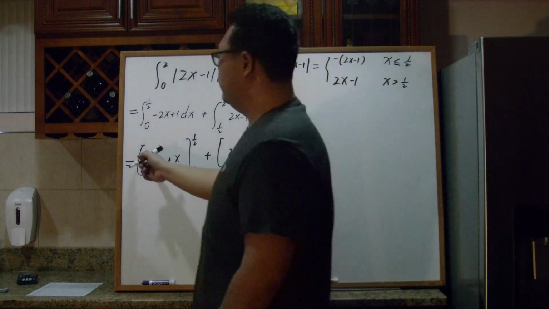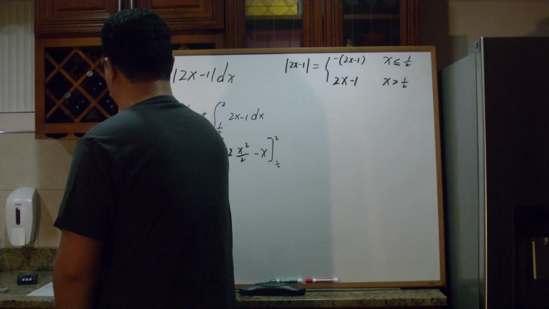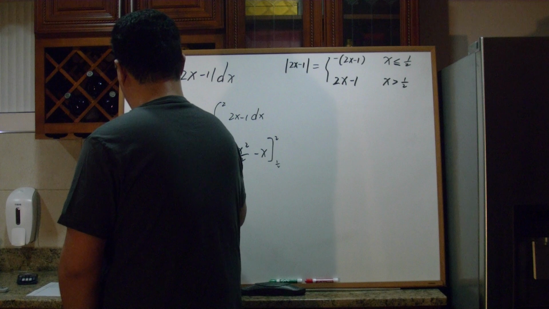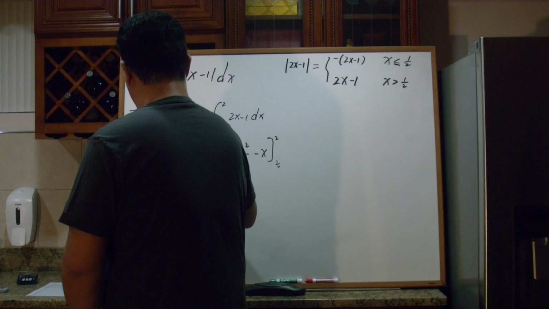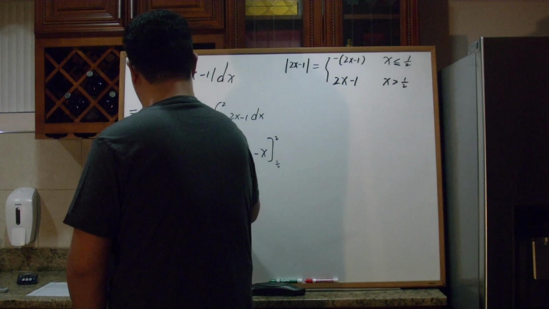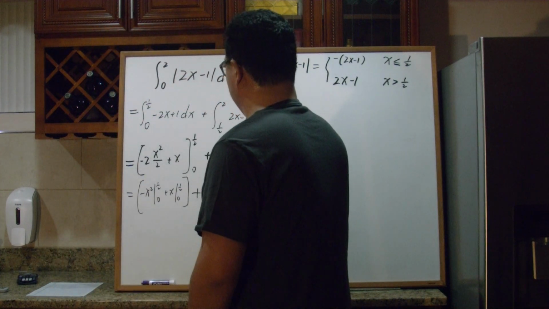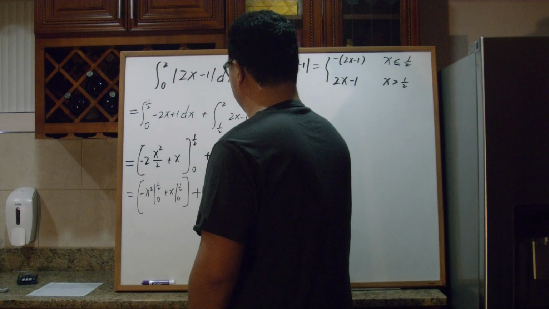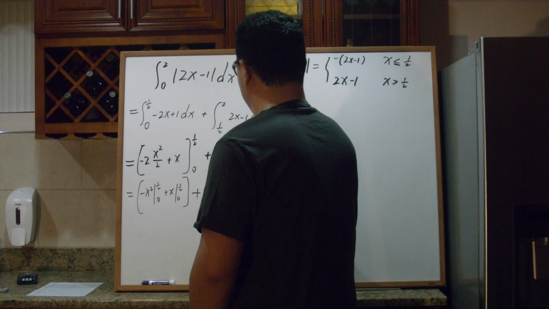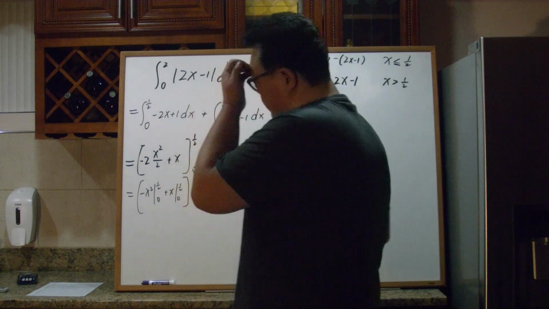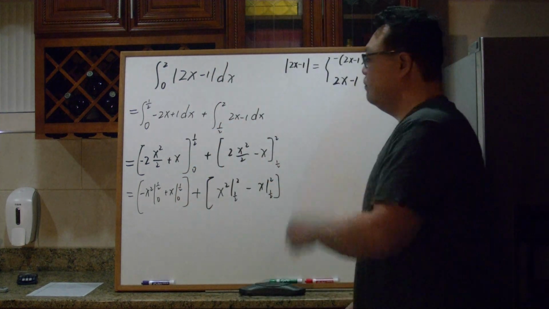So we have negative x squared from 0 to 1/2, plus x from 0 to 1/2, plus x squared from 1/2 to 2, minus x from 1/2 to 2.